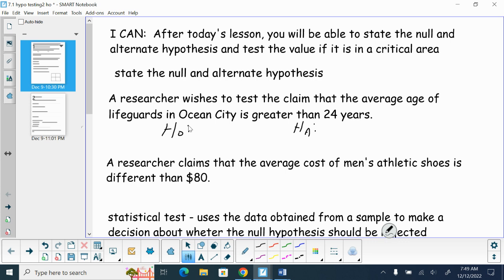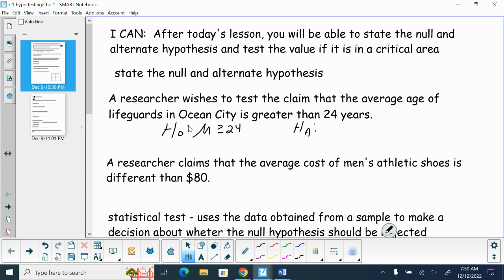But if there's no really established value, which is what we have here, he just threw a number out there: the lifeguard in Ocean City is greater than 24 years. Most of the time, like I said, that claim goes with the alternate hypothesis. But if there's something that is not established, that will take it into the null hypothesis.